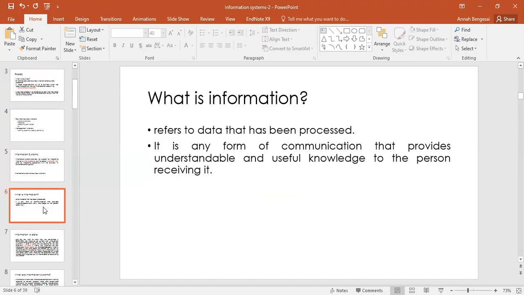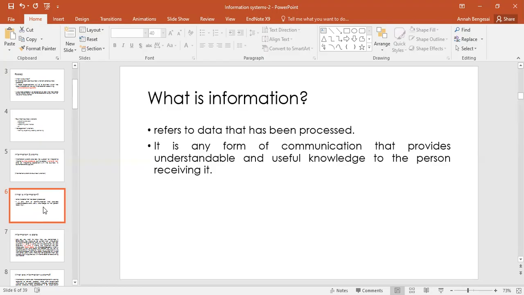But before we get into what information systems really are, we need to define what information is. Information refers to data that has been processed. It is any form of communication that provides understandable and useful knowledge to the person receiving it. So in other words, data in and of itself means nothing.